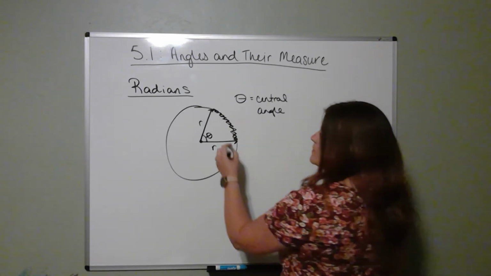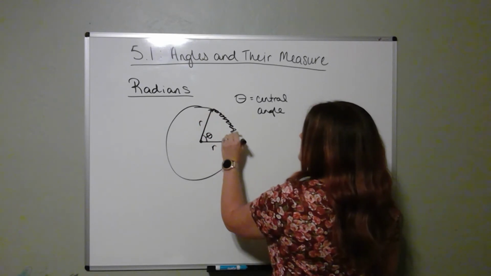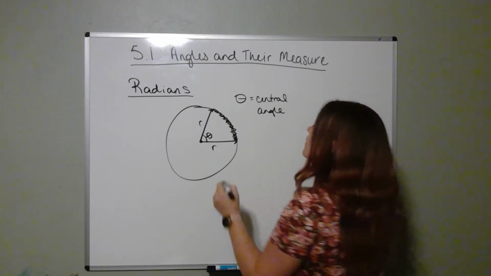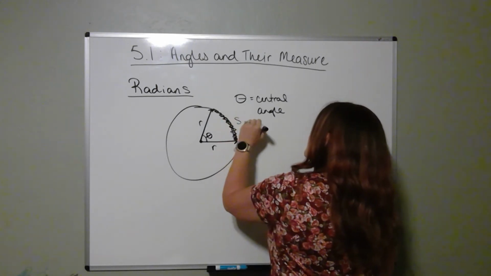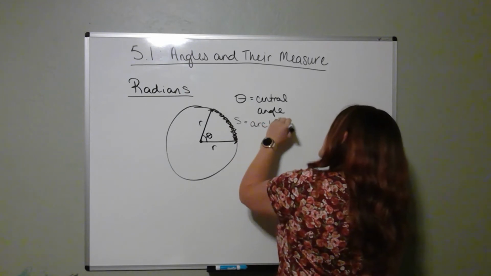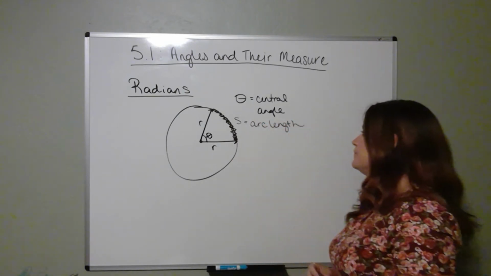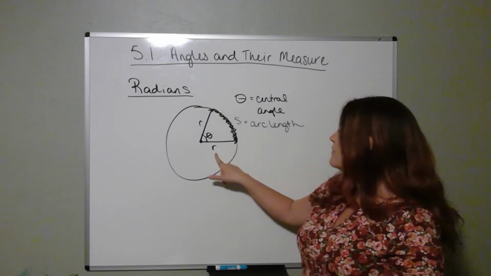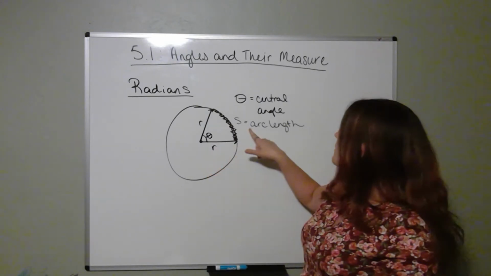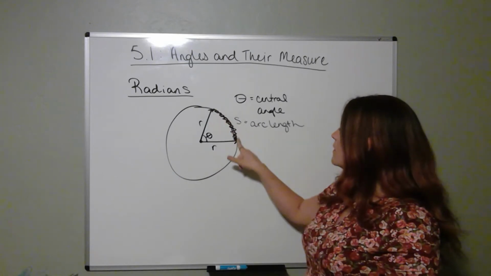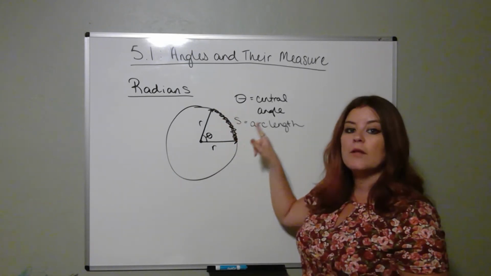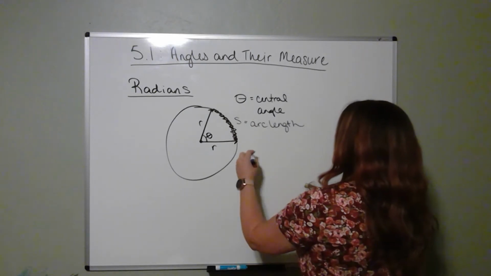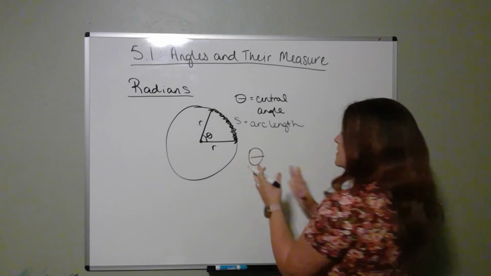So you guys, this little length that our angle creates, or it intercepts or cuts off of the rest of the circle, we call that S, or arc length. So we have a central angle theta, we have the radius of the circle r, and we have the arc length that our angle has created called s.